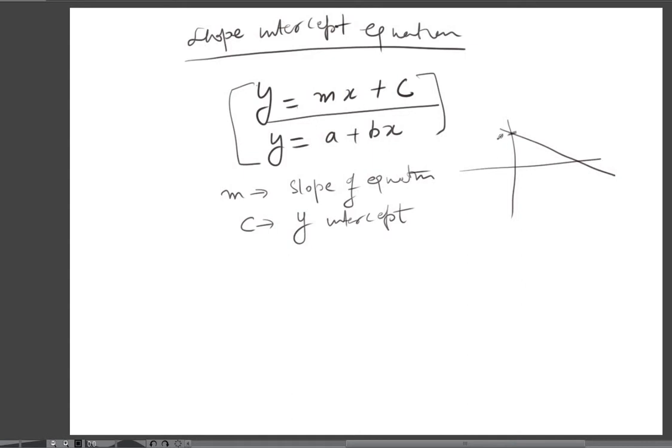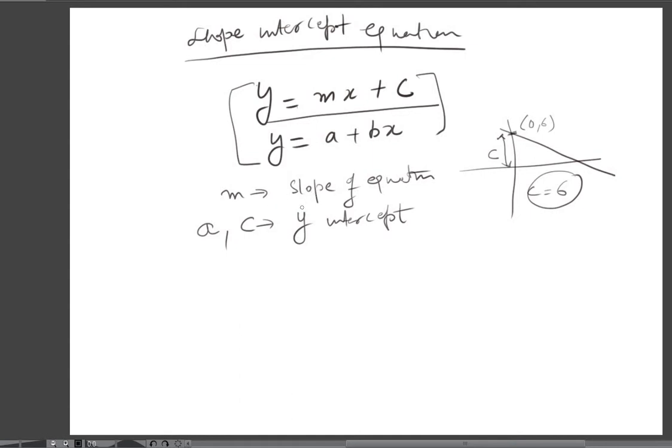The measure of this line is c units. So if this point is (0, 6), my value of c is 6. Because c is nothing but the y-intercept. Either I call it c or a, it is one and the same thing.